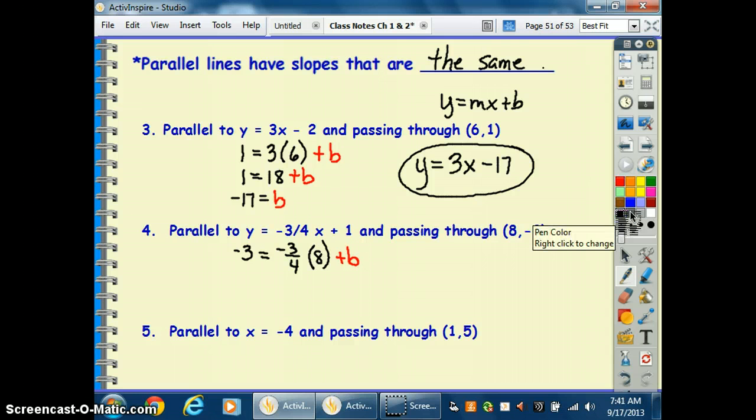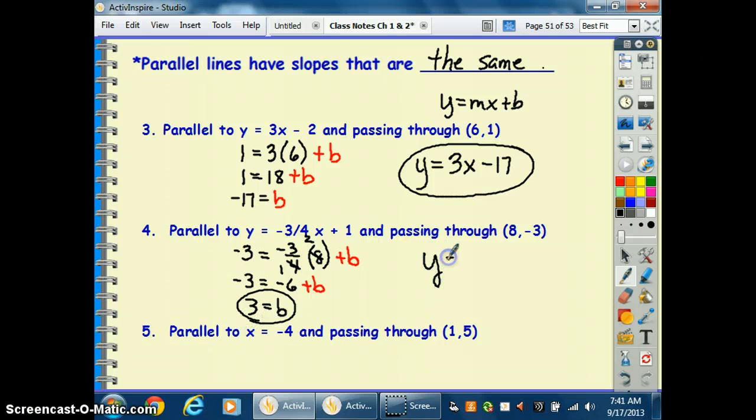So we have negative 3 equals, we can cancel here, negative 6 plus b. Add 6 to both sides, we'll get 3 equals b. So now our equation, since it's parallel, same slope, is y equals negative 3/4 x plus 3.